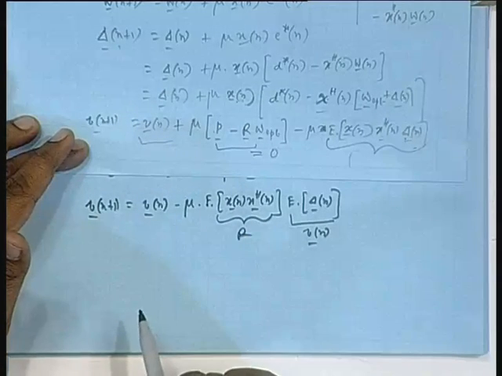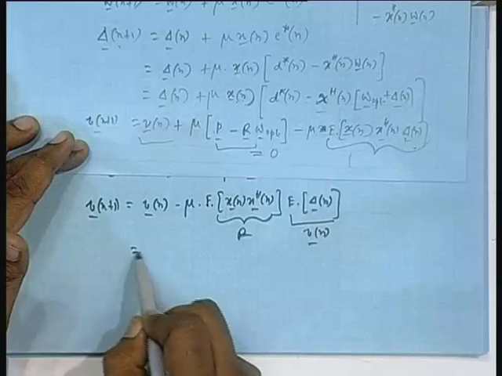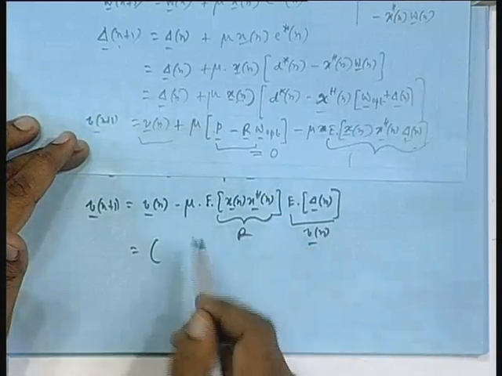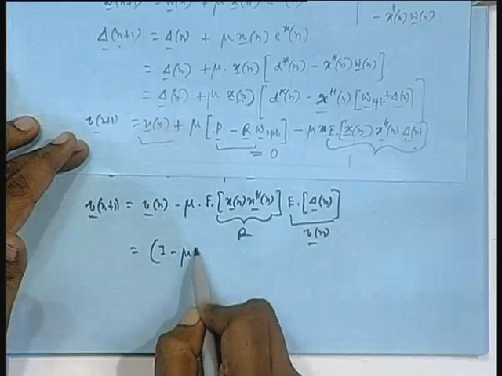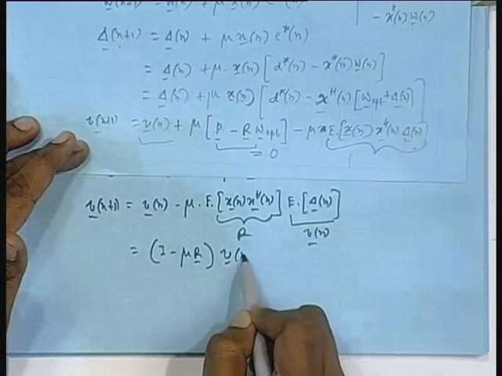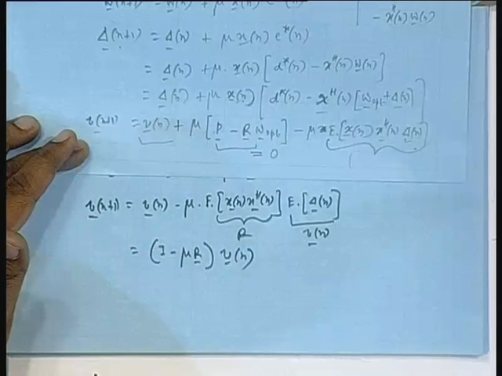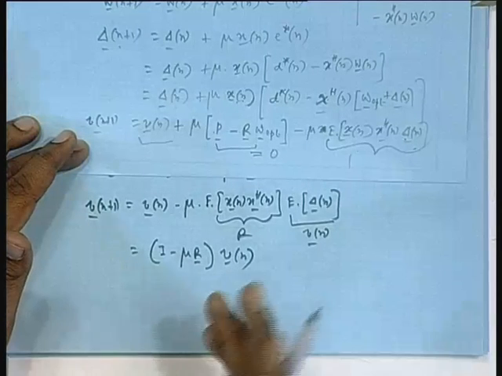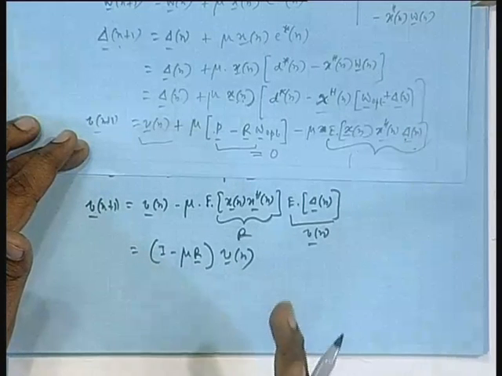R. So, that means this becomes equal to V n minus mu R V n, and you can write it as I minus mu R into V n. R is a Hermitian matrix. In fact, we can assume R to be positive definite.